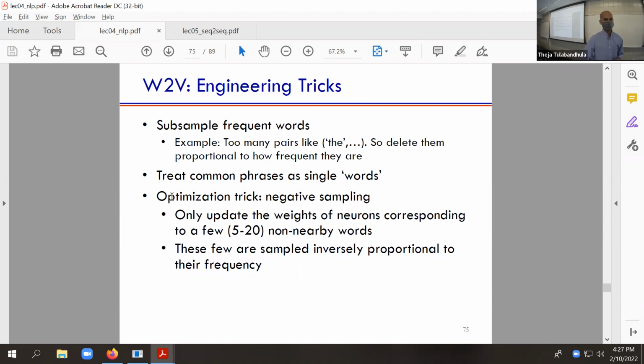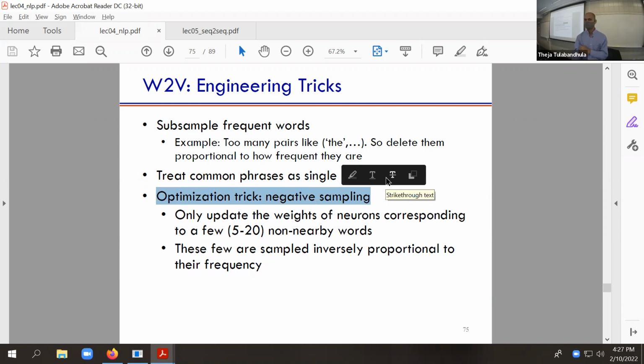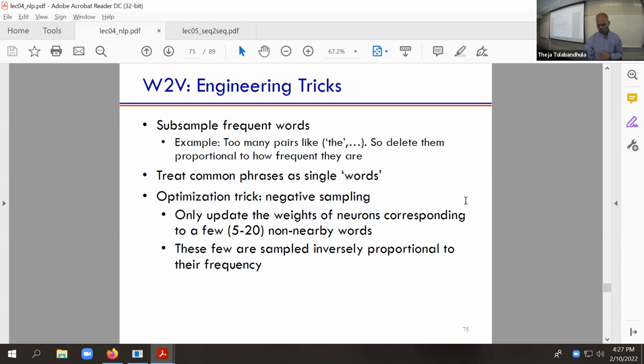And also there's an interesting trick called negative sampling, which you'll see in recommendation systems as well. If you think of input to output, even for this small network, given a single input, you are getting 10,000 scores in our illustration.